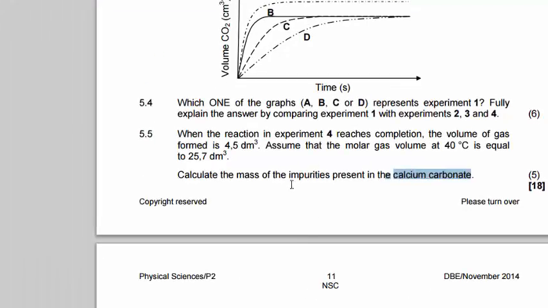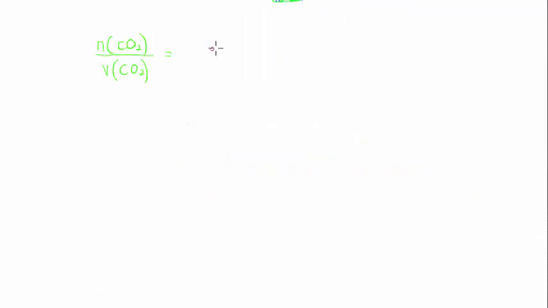the moles of carbon dioxide divided by the volume of carbon dioxide. According to them, the molar gas volume, which means 1 mole of gas, takes a volume of 25,7 cubic decimeters. So this must equal 1 over 25,7. And now I just replace what I do have.